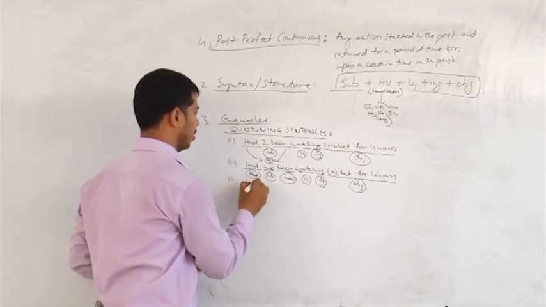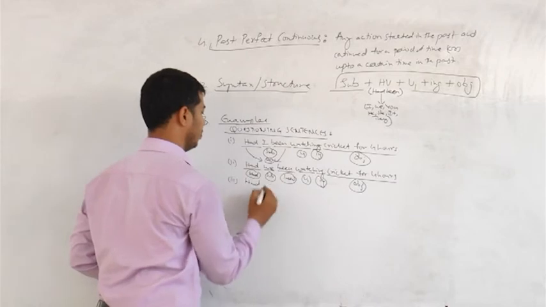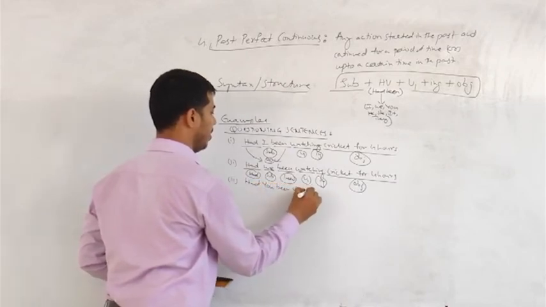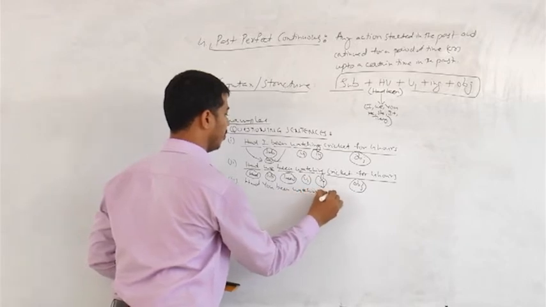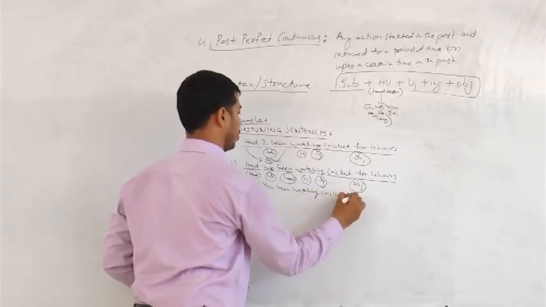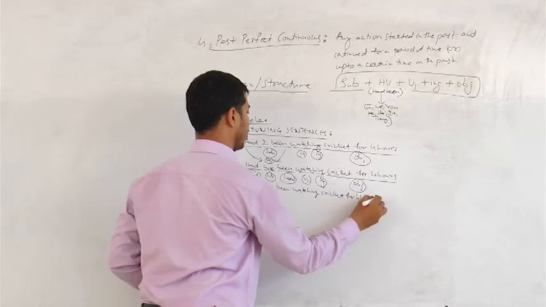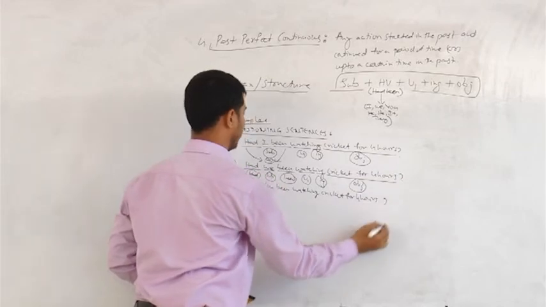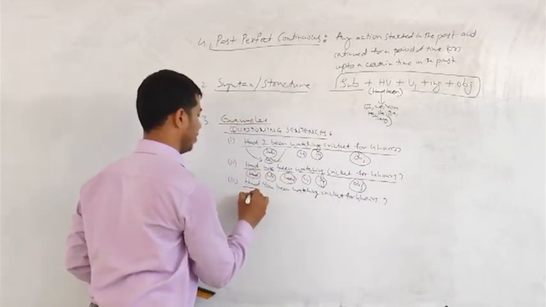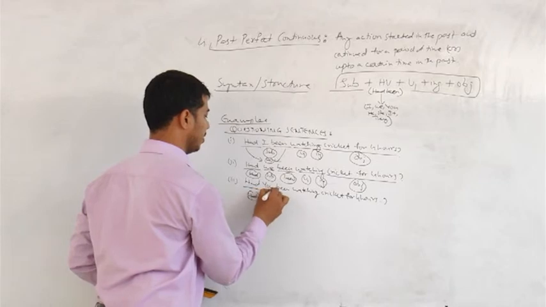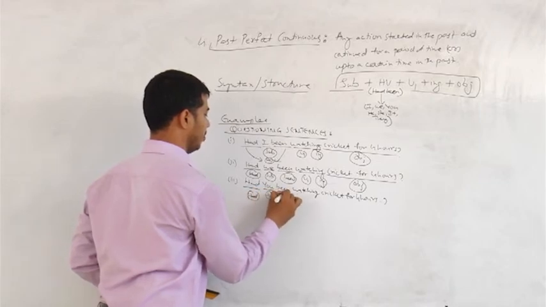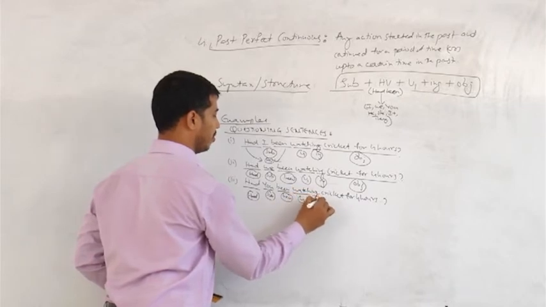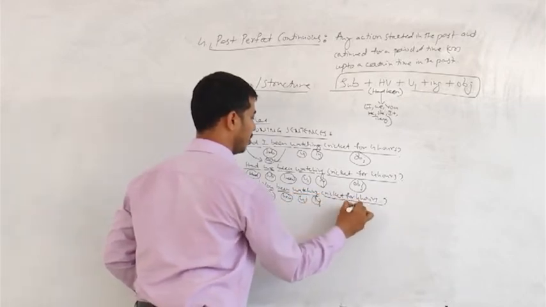Now let us take the pronoun you. Had you been watching cricket for 4 hours? All these are questions, right? I'm sorry, so put down the question marks. Had is had, you is the subject, been is been, V1, ing, object.